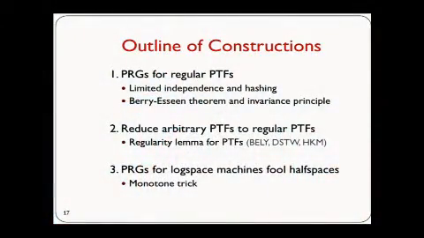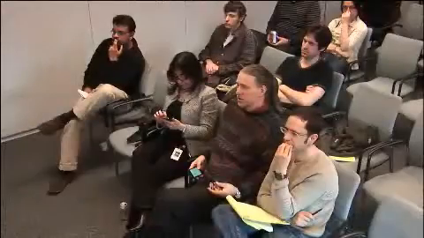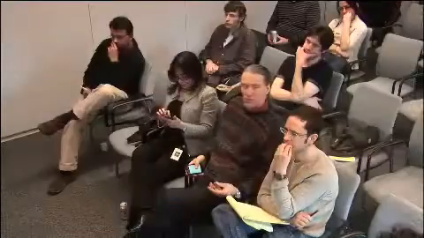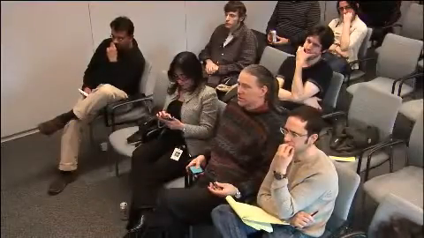And here's the outline of constructions. So half spaces is a degree 1 polynomial threshold function, right? Then the seed length depends on epsilon and then log over epsilon.